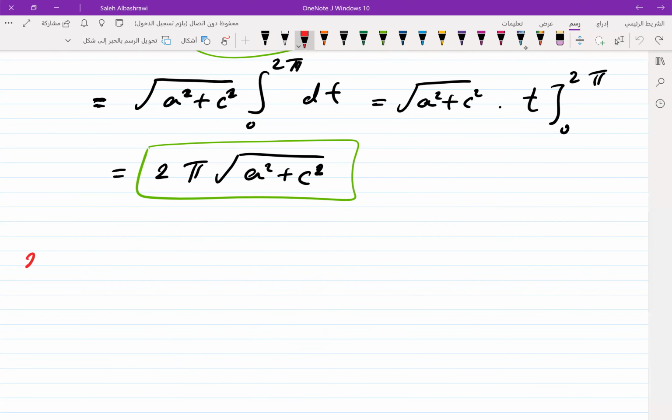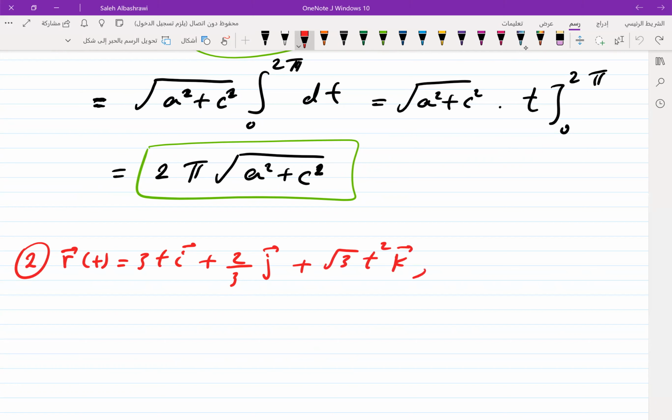Say example number 2. The vector function is given by 3t i plus t to the power 3 j plus square root of 3 t squared k, over the interval 0 to 1.